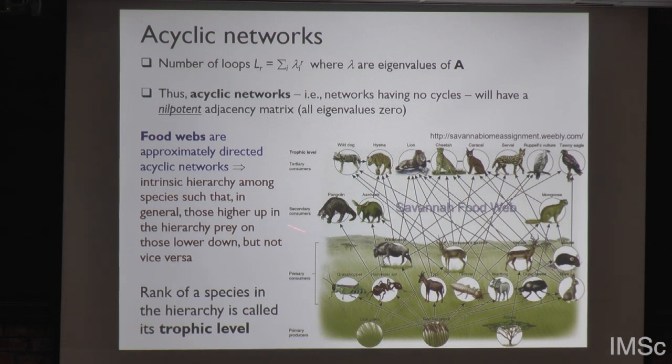Okay? And you find that it's extremely rare to actually find cycles in such networks. So one can take one's favorite food web and apply this condition to find out whether in fact it's truly acyclic or not.